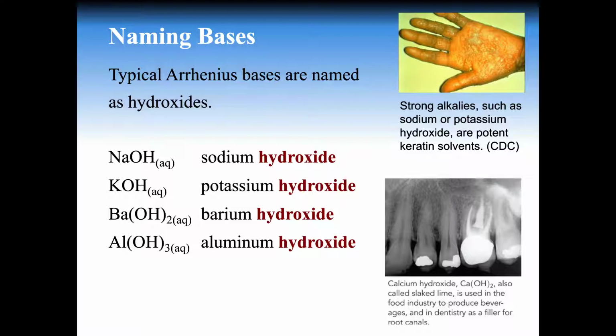Barium, on the other hand, or calcium, has a 2 plus charge. Therefore, I need 2 hydroxides to balance that molecule. And so that's all you're seeing here. Aluminum has a 3 plus charge, so I need 3 hydroxides to balance that molecule. And that's how you know how many hydroxides are behind it.